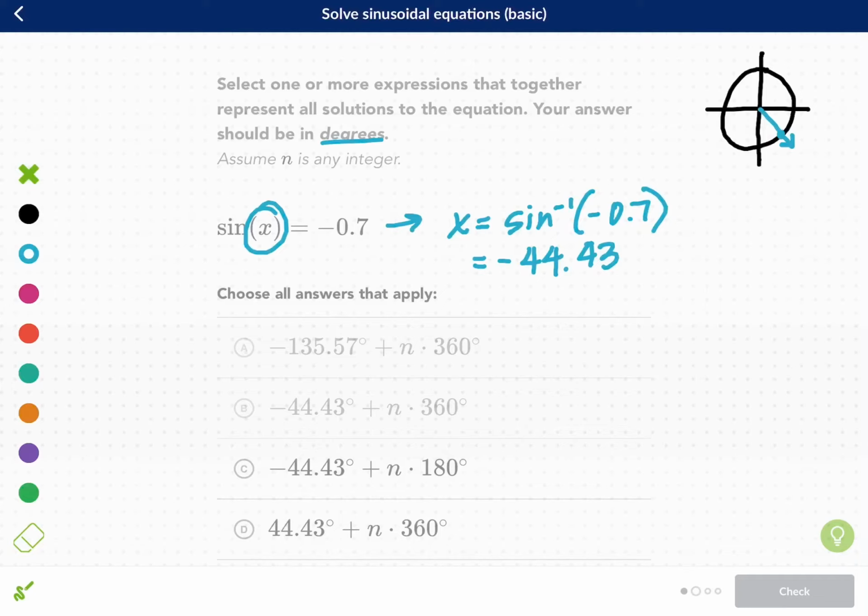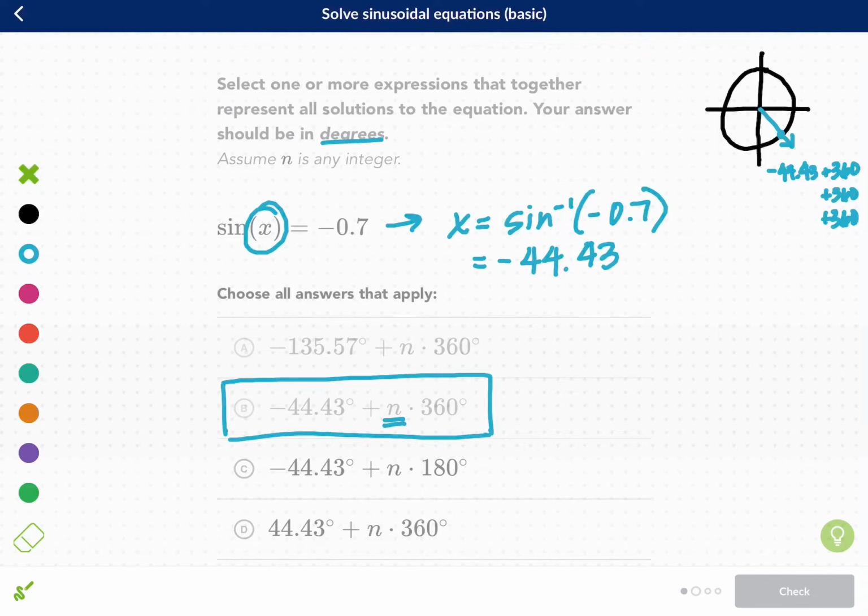But I want all of the solutions. So every time we rotate around the circle, we're going to come back to that point right there. So we have negative 44.43, but another rotation of the circle, plus 360, will come right back to it. So a great way to write that is negative 44.43 plus n times 360, meaning every rotation from there on out.